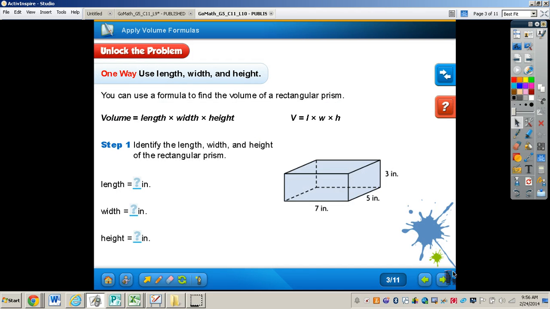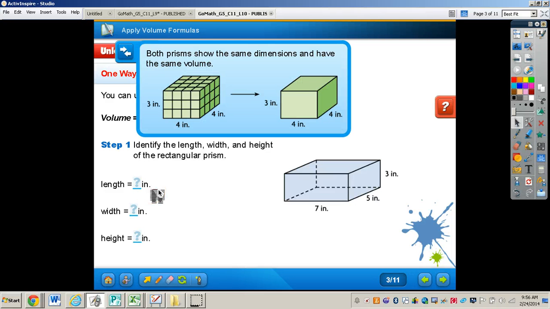Okay, I want you to turn to page 479 in your math books, and we're going to look at unlocking this problem. Before we go into this, it is important to understand that a figure will have the same volume even though it's divided up into cubic units or just a regular shape.